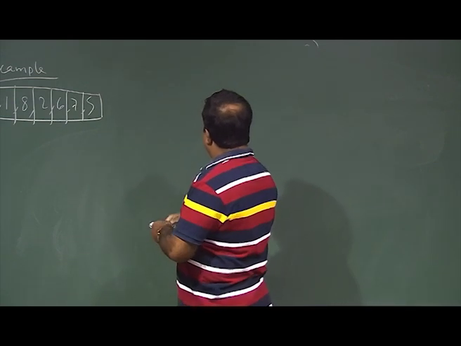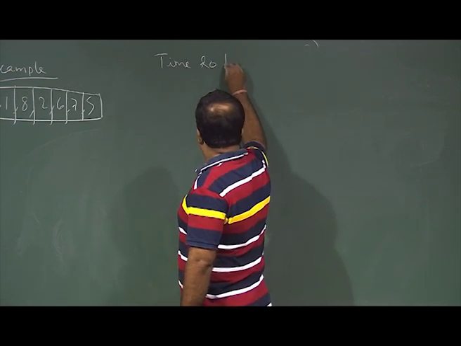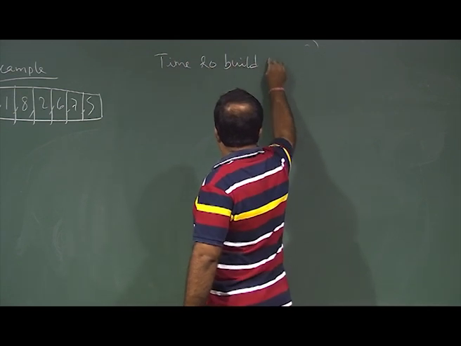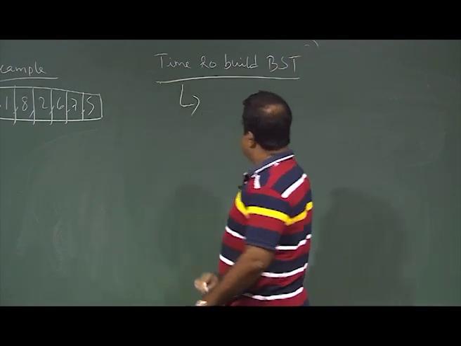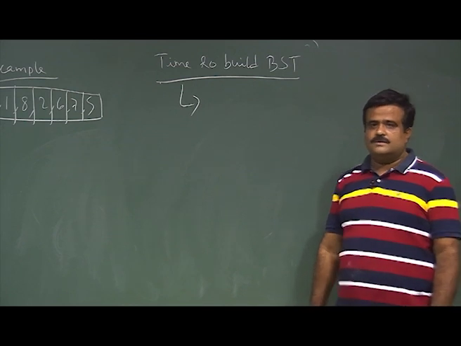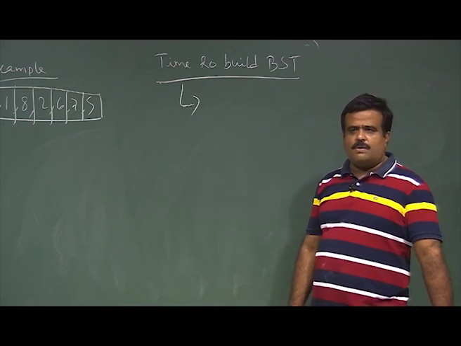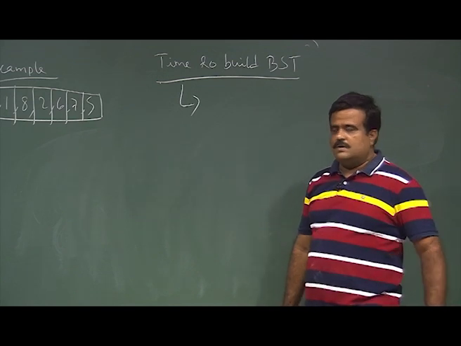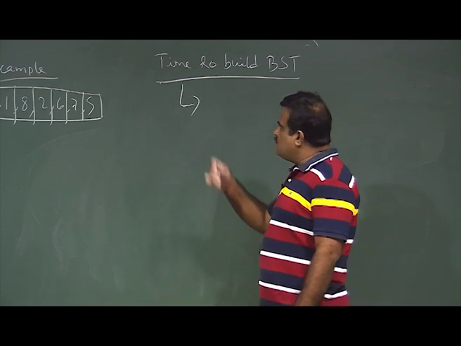Okay, so time to build a BST, binary search tree. Any answer? Any lower bound or upper bound? How much time will it take? So how to build a BST?